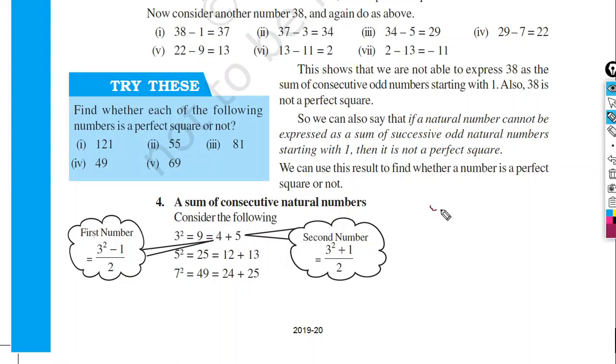Here you see 3 square equals 9. We can write 9 in the form of 4 plus 5.